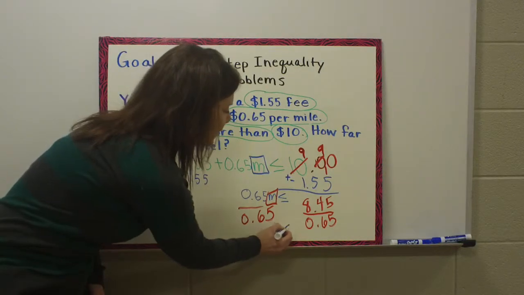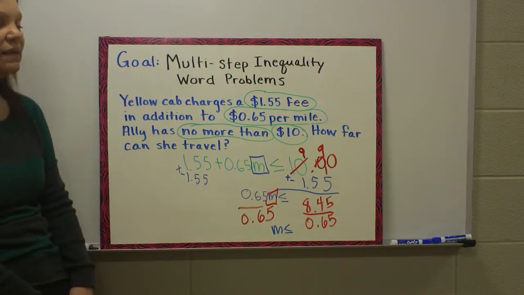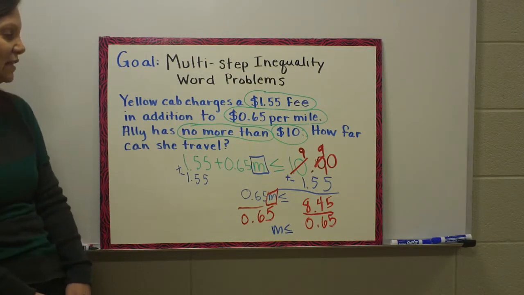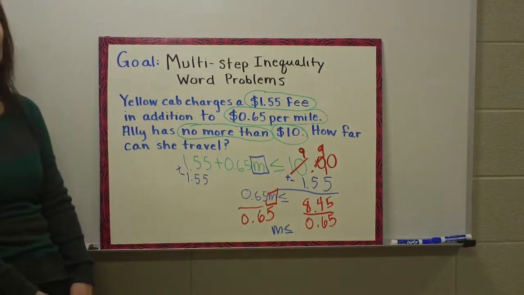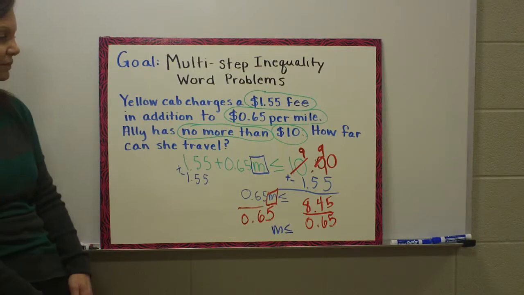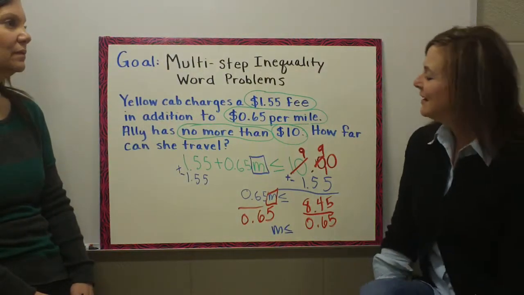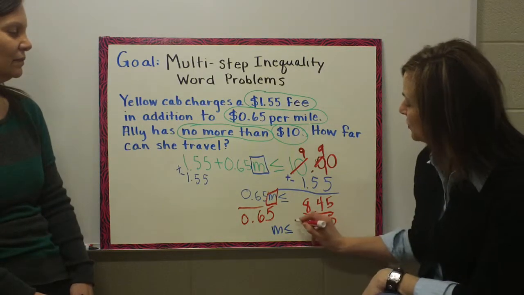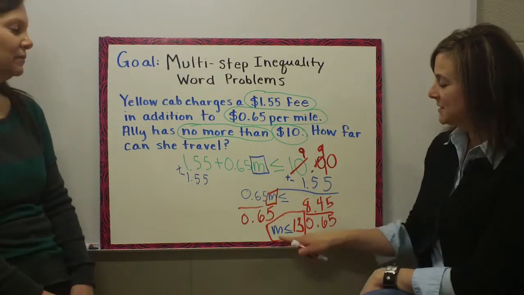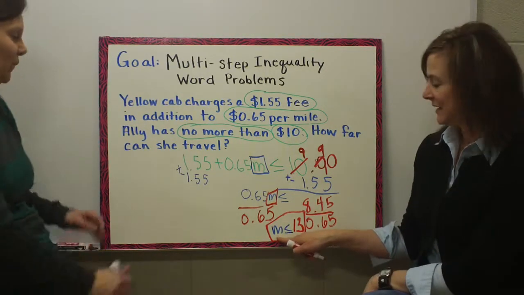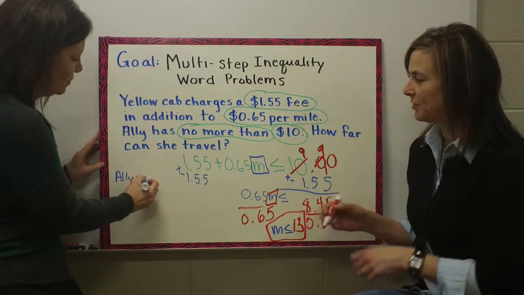Okay, using your calculator then, you are going to take your $8.45 and you are going to divide it by your 65 cents to come up with how many miles we will have left over here. And it comes out evenly. You guys probably figured that out before I did. And so that comes out to 13, meaning that the number of miles can be no more than 13, or it can equal 13.